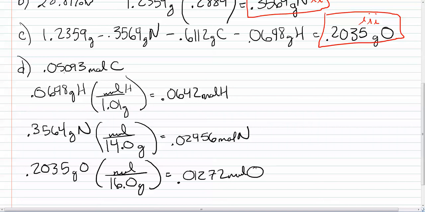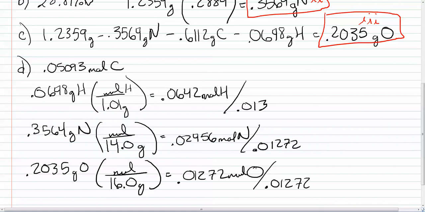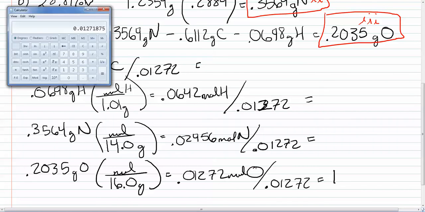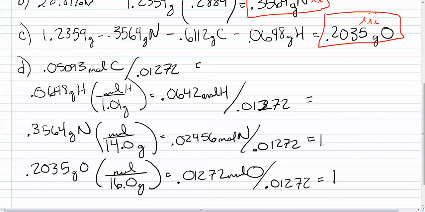It's looking like the O is going to take the cake. So 0.01272 is what we're going to divide all of these by to get our ratio. Well, I'll do the easy one. O is 1. Okay. 0.02456 divided by 0.01272 gives us 1.93.